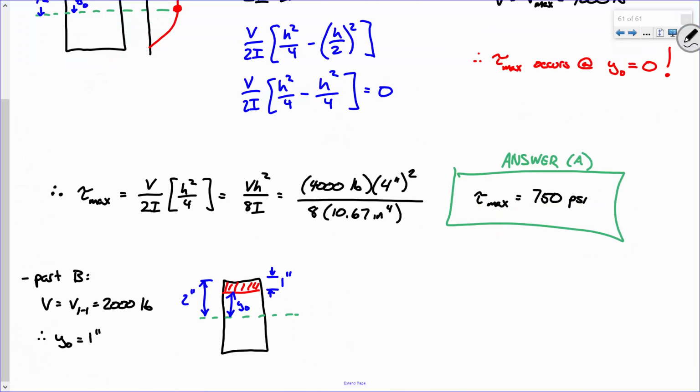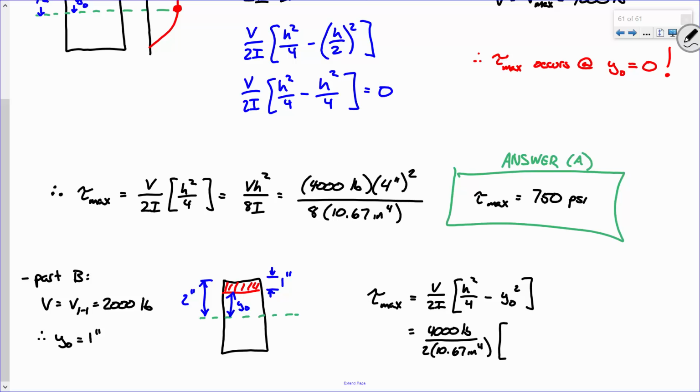So, here's our equation. Plug and chug. What do you get?